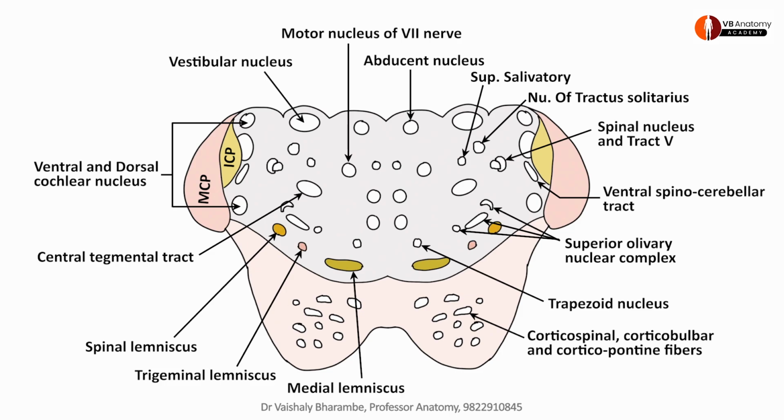Now the lemniscal band, now the ventral and dorsal cochlear nuclei, vestibular nucleus, the motor nucleus of abducens and facial, the MTR, superior salivatory and nucleus of tractus solitarius, trigeminal nucleus, the ventral spinocerebellar tract, the superior salivatory nuclear complex, the central tegmental tract. There, you have a beautiful diagram. Let's color the corticospinal tracts as well.